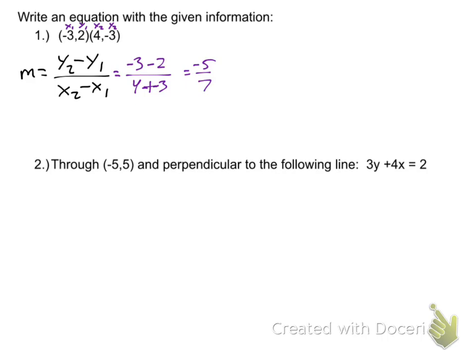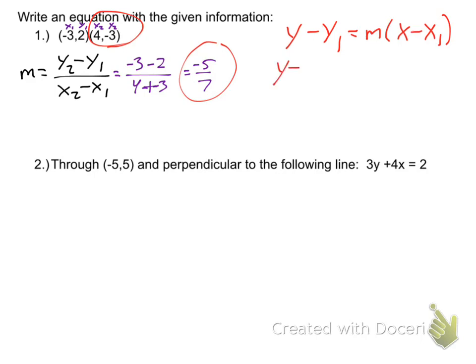Next up, I just need to choose one of the points. Which one do we want to choose? 4, negative 3. Okay. So we're going to use that slope and the point 4, negative 3. And I'm just going to use y minus y1 equals m times x minus x1. I'm just going to plug it in.